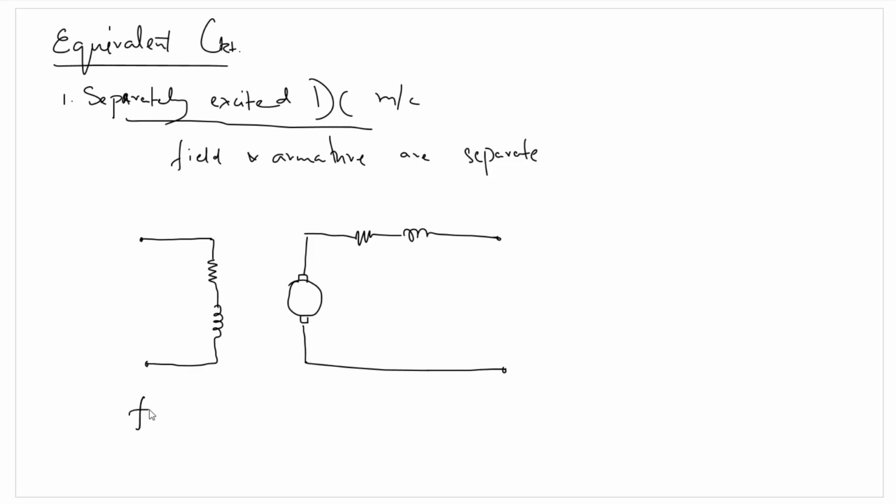So this is the field circuit here of the separately excited DC motor, and this is the armature circuit.